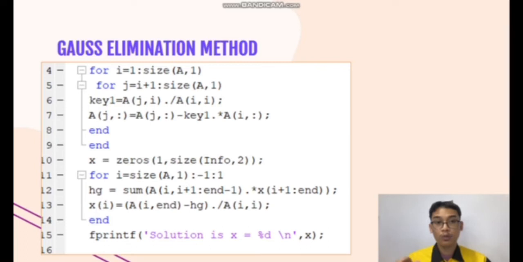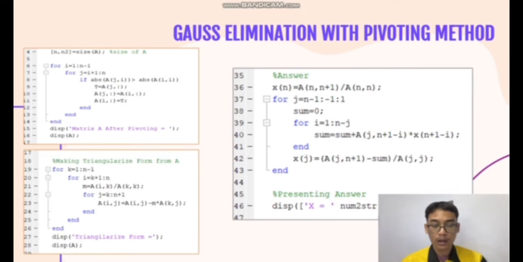That's why we minus 1, because we will do the back substitution. And this one, Hg equal to sum A and so on, is actually to compute the sum of our elements. And lastly, this one, x bracket I, is actually our formula that we use to find our solution. Now we can put it as solution is x, so it will print our solution for each value of v1, v2 and v3. Now we move to the Gauss elimination with pivoting method.